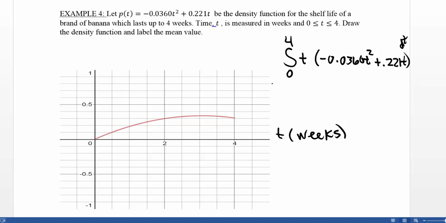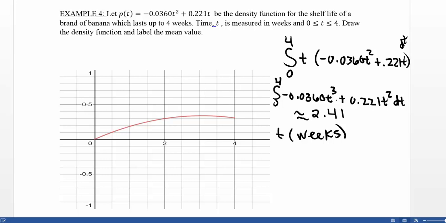We'll distribute the t through, so we'll have negative 0.0360 t cubed plus 0.221 t squared dt. And when you plug that into the calculator and you use your bounds 0 to 4, you're going to get a mean shelf life of 2.41 weeks.